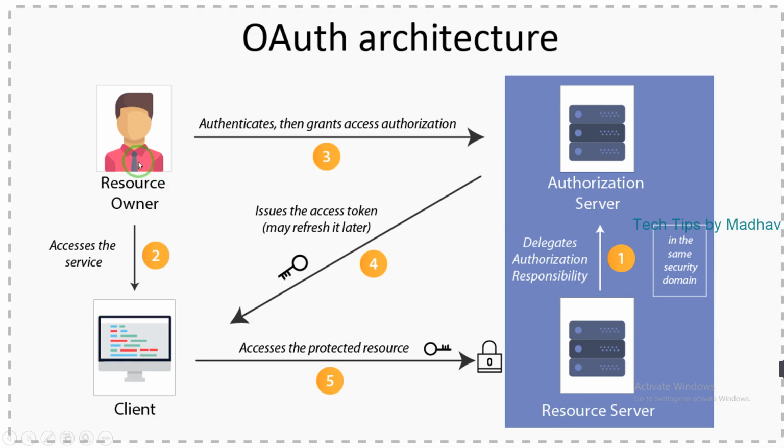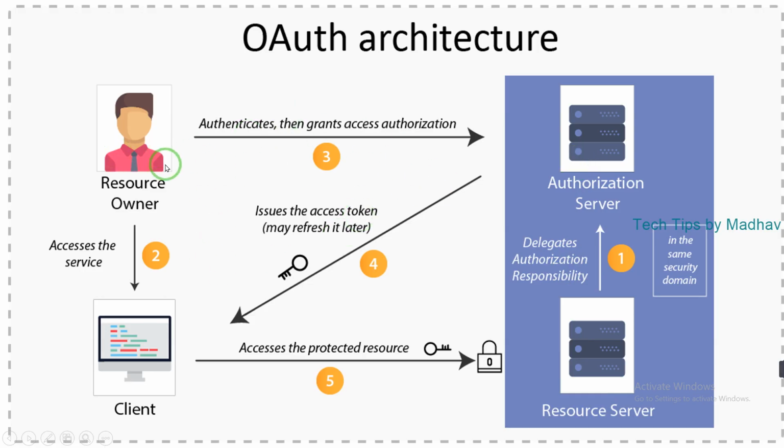A resource owner is nothing but any logged-in user, and the client is nothing but any third-party application. The authorization server and the resource server reside in some other third-party application, and it is providing the tokens and protecting the resources. So this is how these modules will work.